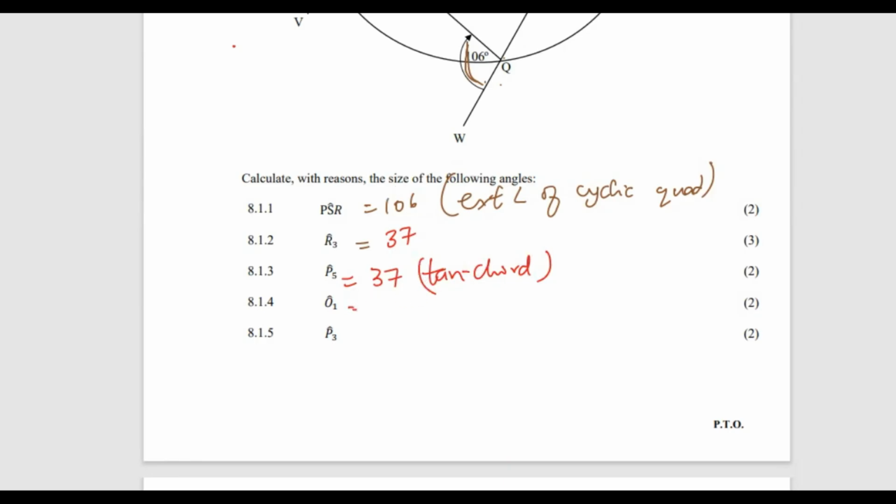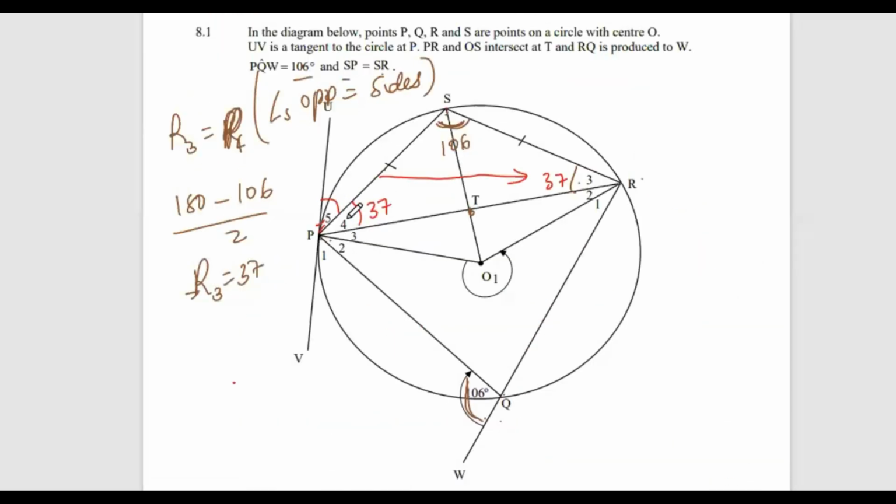And then they want us to get O1. So if this is a 37, they want us to get this angle O1. Now O1 is at the center. Which angle is at the circumference of O1? It will be this 106, because this other part of the O will correspond with the other part of Q. So the angle at the center has to be twice.